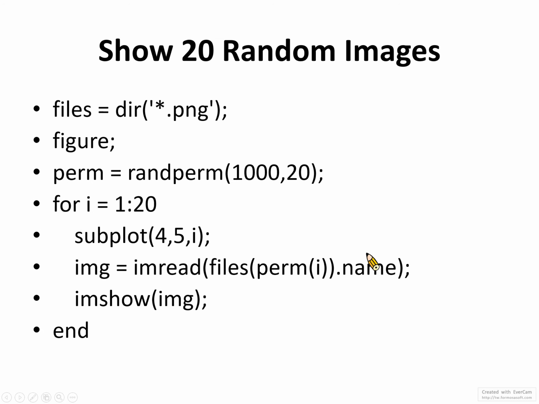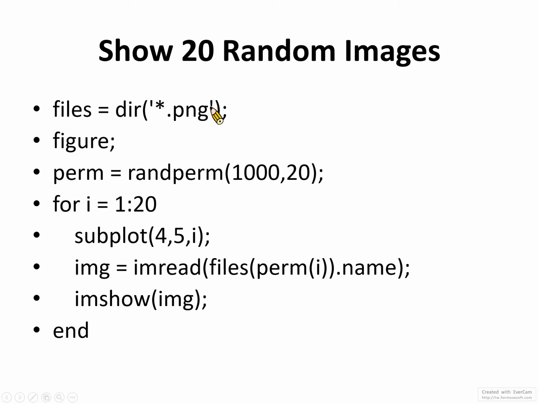And here I follow the standard CNN example I showed you in the previous week, to show you 20 random images. I'll explain each line of the code. The first thing is to identify all PNG files in one of the subdirectories.